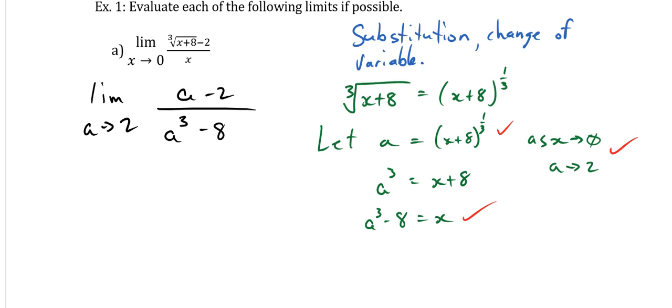And what do you think we're going to do now? Elif? Yeah, very good. So now you see how this is going to work. Now we have something that's factorable. That's why we did this substitution. So equals the limit as a. So you can go ahead and solve that now. You should be able to do that. Don't copy me.